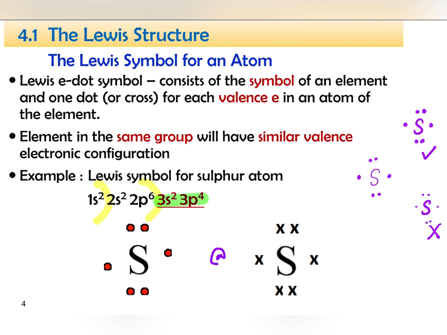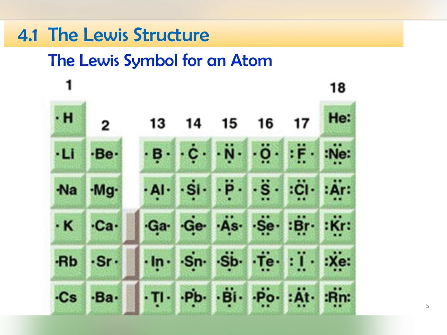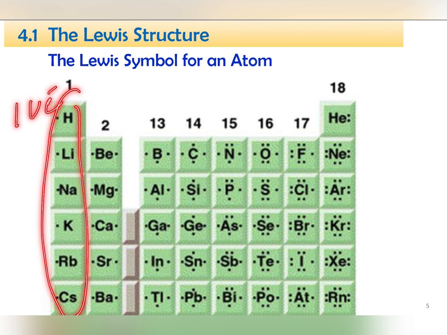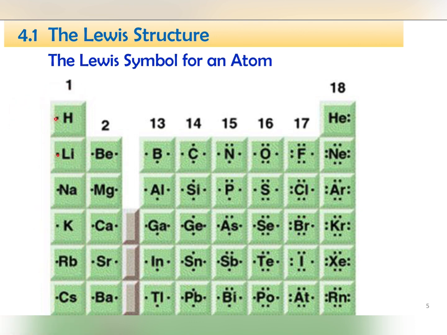Okay, right, so these are the examples of the elements in the periodic table. So you can see, contoh kalau group 1, semuanya ada satu valence electron, so you have 1 dot. Okay, so kalau group 2 ada 2 valence electrons, so you have beryllium ada 2 dot.